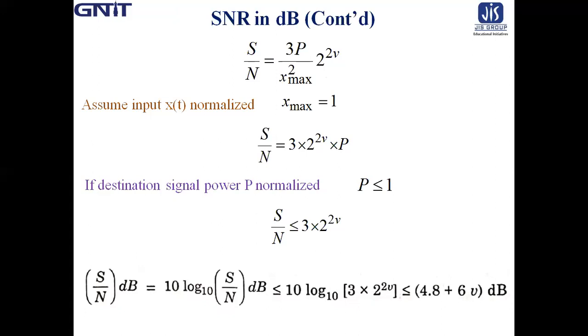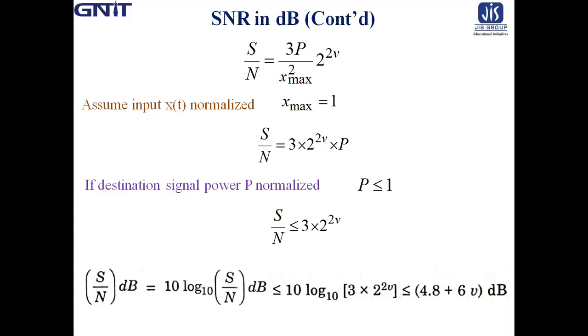So SNR is 3 into 2 to the power 2v into p. Now if the destination signal power p is again normalized, that means p is less than or equal to 1. In that case, SNR is less than or equal to 3 into 2 to the power 2v.